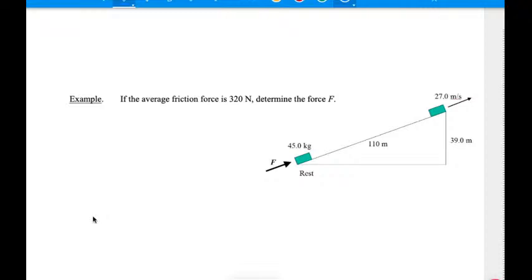This big force F here, which is an applied force in the same direction as motion, and we have a force of friction acting over our whole motion. We've got a 45 kilogram block, and it's starting at rest and it's ending at 27 meters per second. So we obviously have some acceleration. We have a change in velocity, and that tells us we have to have accelerated motion.